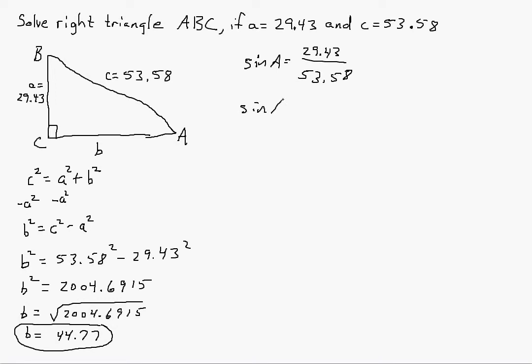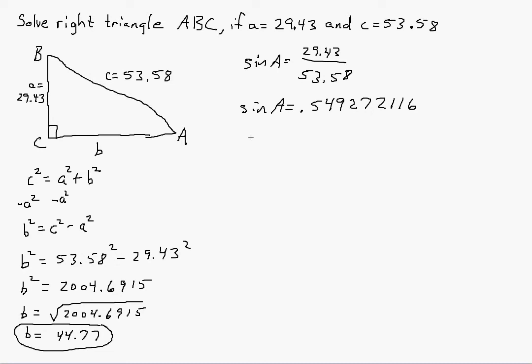So sine A is equal to, and we'll put this into our calculator, 29.43 divided by 53.58. And we get 0.549272116.